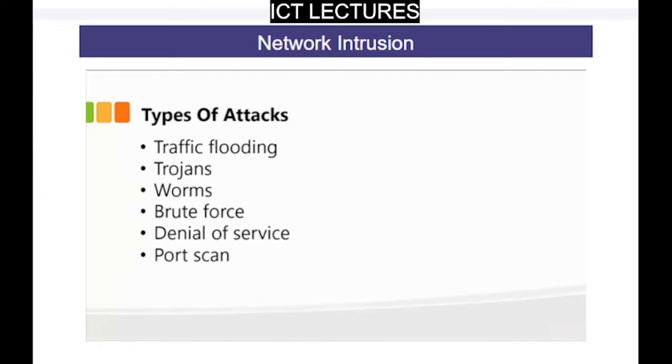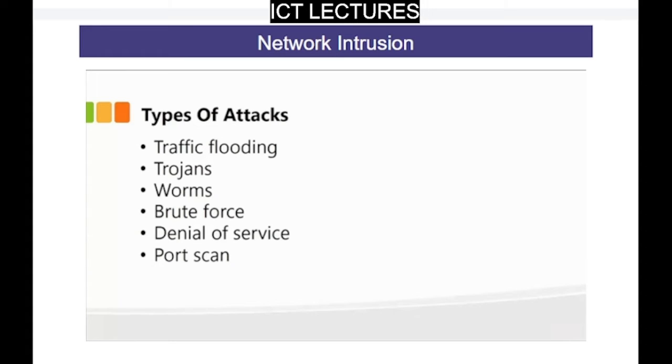Here are the different types of attacks. I put together the common ones and the most famous ones. First is traffic flooding. There may be an attack where extra packets or a massive amount of data is flooded through your network, and this causes the network to bog down or slow down terribly.